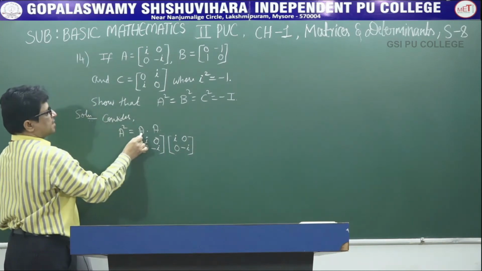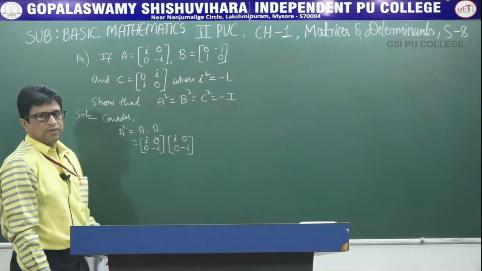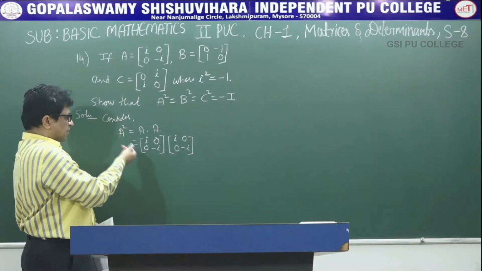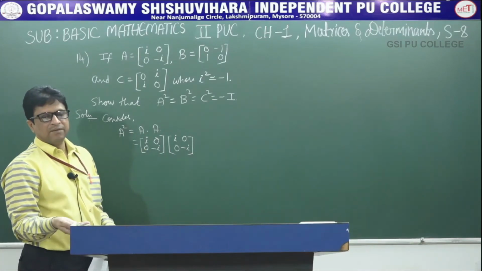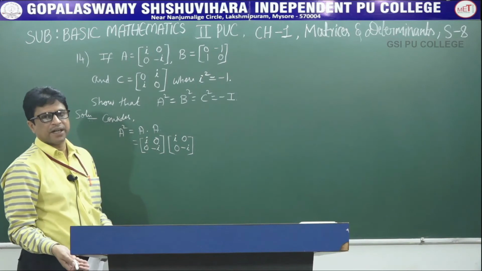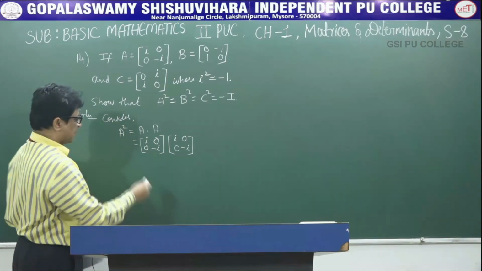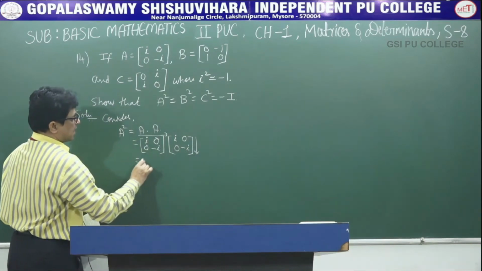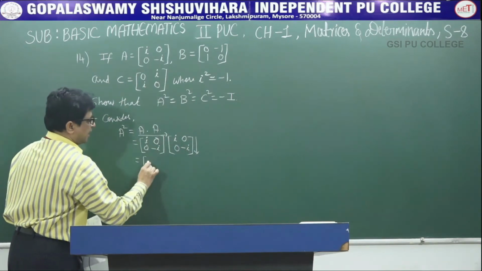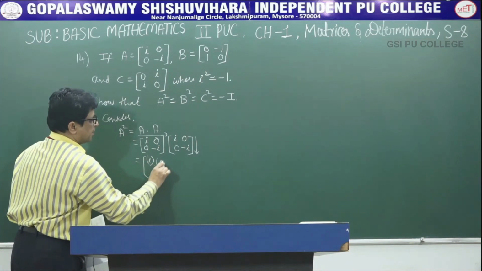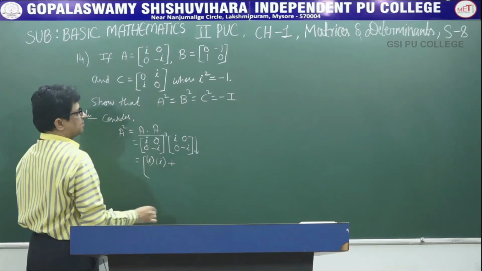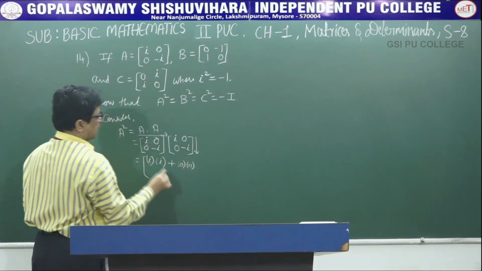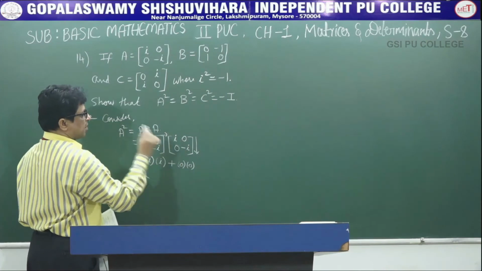Since A is a square matrix of order 2 into 2, the product A into A will also be a square matrix of order 2 into 2. So, the rule is row into column. So, that will be equal to I into I plus 0 into 0, that is first row into first column.